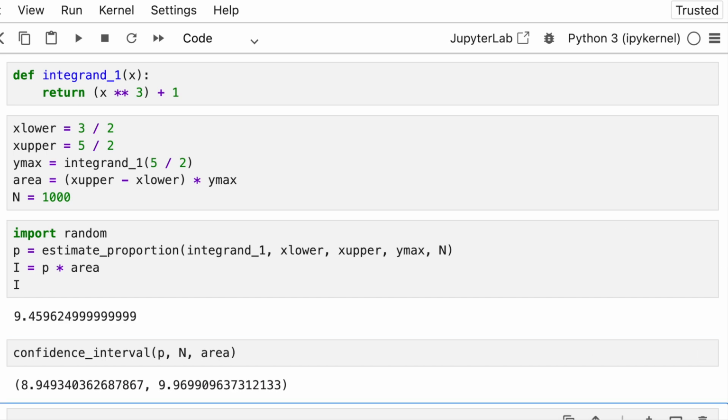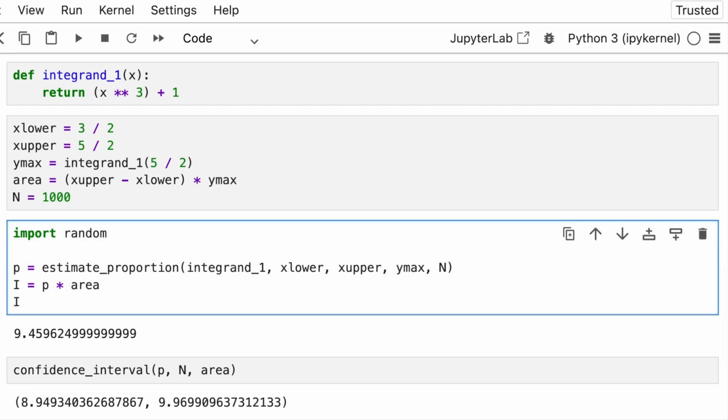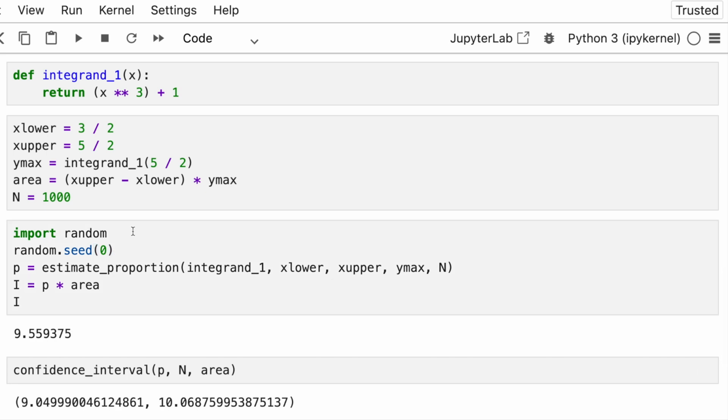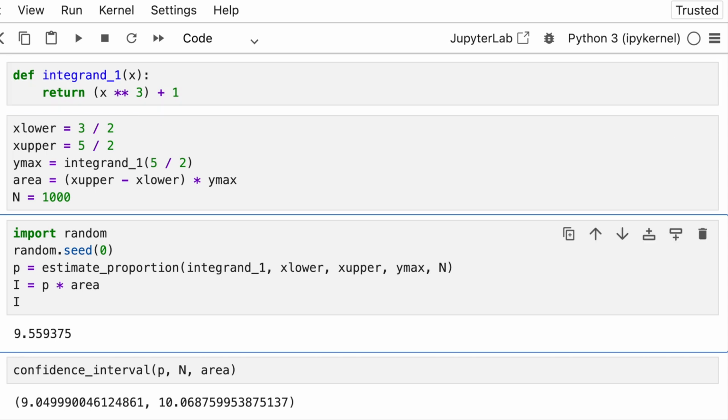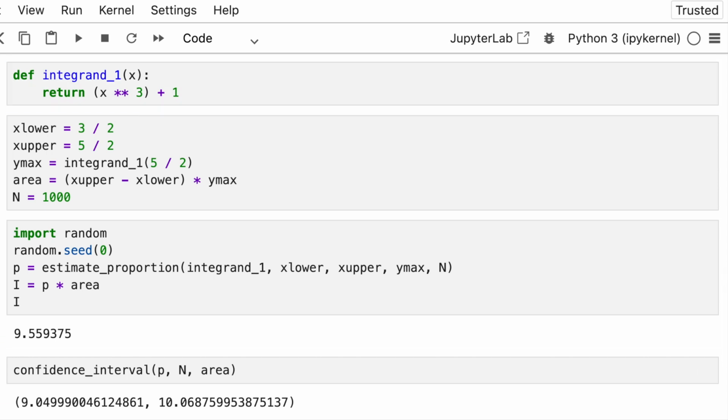That is because we are sampling random numbers, so for reproducibility we will set a seed for our random number generator. Of course, we are still using randomness, but this makes sure that my answers and your answers are all the same. Now, every time we run this, we will get the same values out.